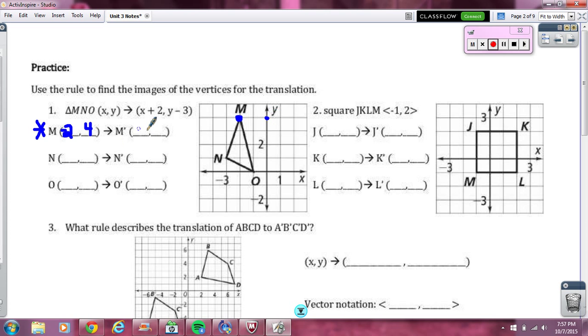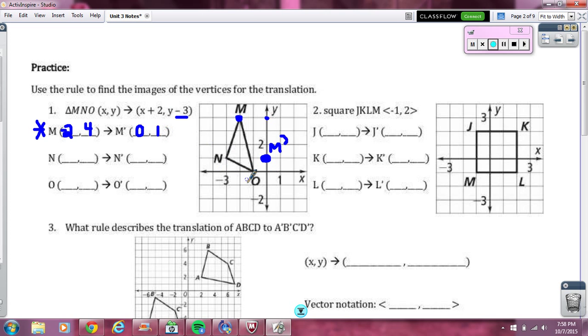Okay, so that would put me at an x value of 0. Then I'm going to take my y value, I'm starting at 4, and I'm going to move it down 3 spaces. So down 1, 2, 3. So this dot that I'm making now is my new location for M. I'm going to call it M prime. Let's see, that puts me at a y value of 1.